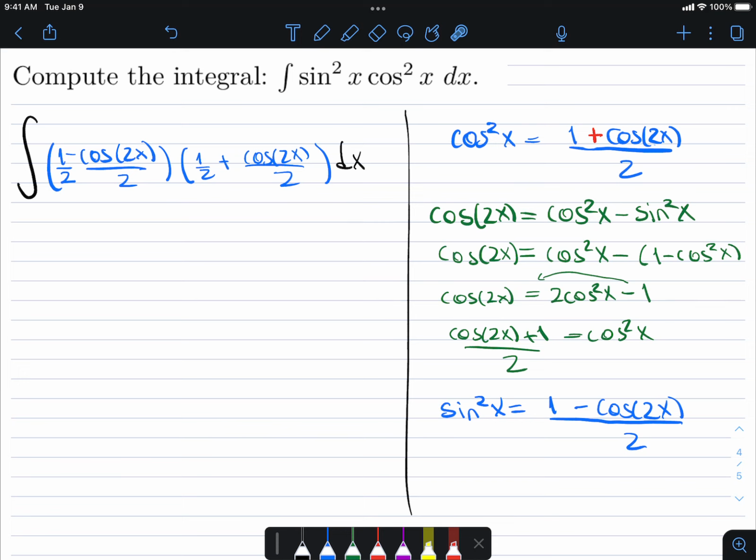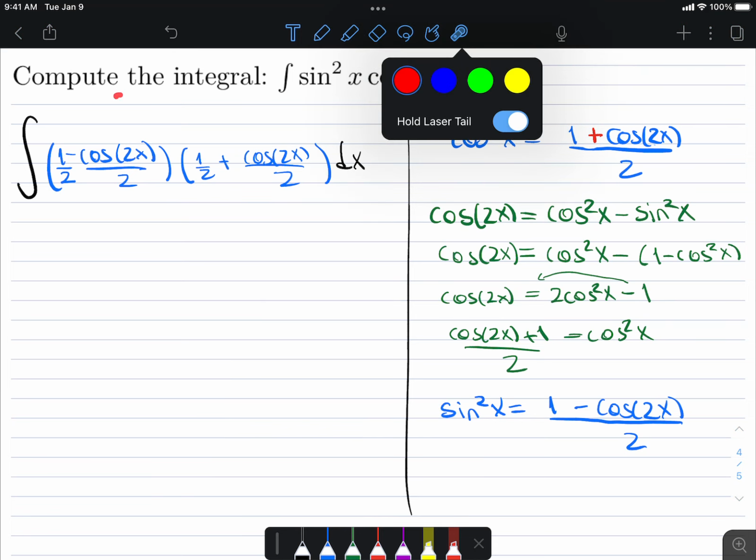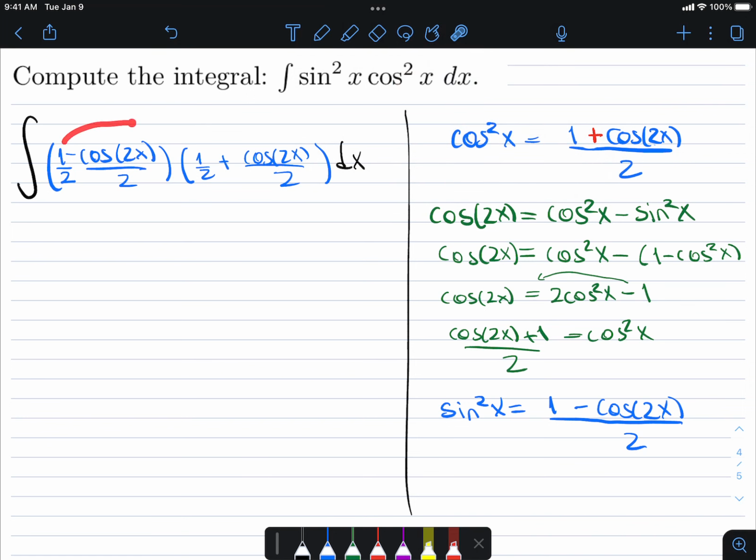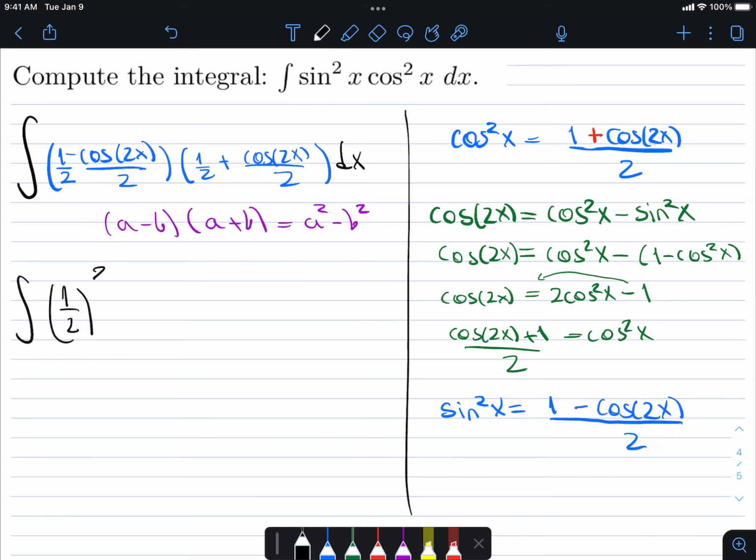I start by expanding that. Expand this and expand this using the distributive property or just basic foiling. Or if you remember, this is the difference of squares. This is a minus b times a plus b, which is a squared minus b squared. So it turns out that this is the integral of 1/2 squared minus cosine 2x over 2 squared.